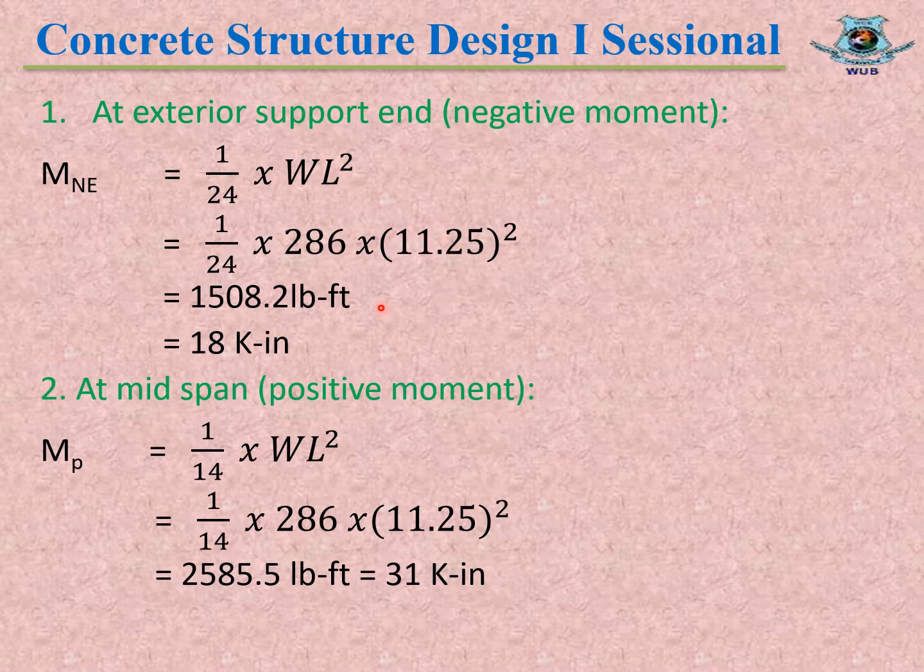Substituting all values, we get Mne equal to 18 kip-inch. At mid span, positive moment Mp equal to 1 by 14 into wL square. 1 by 14 as shown in previous slide. Substituting all values, we get Mp equal to 31 kip-inch.